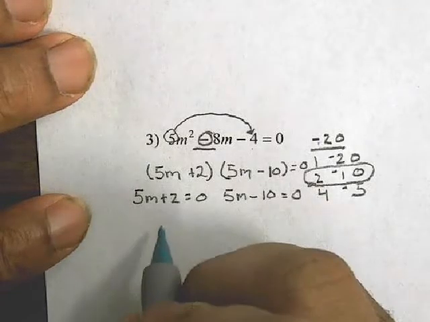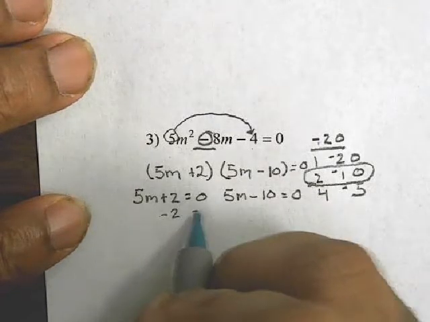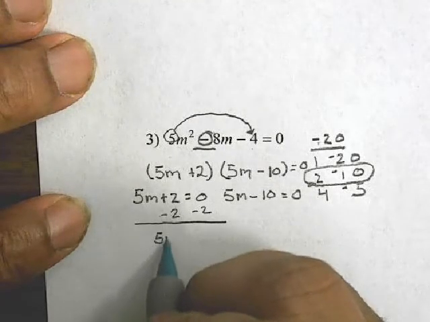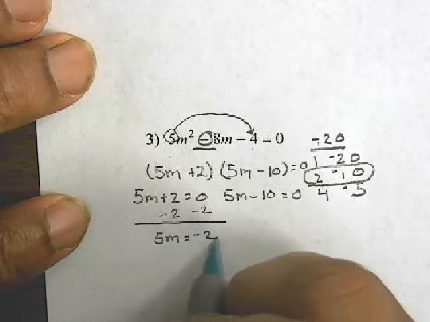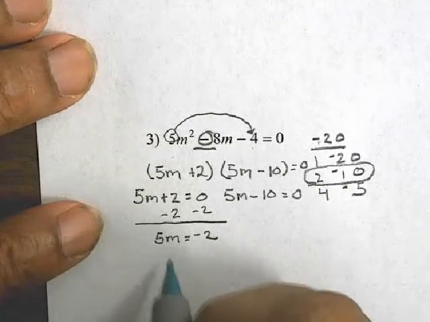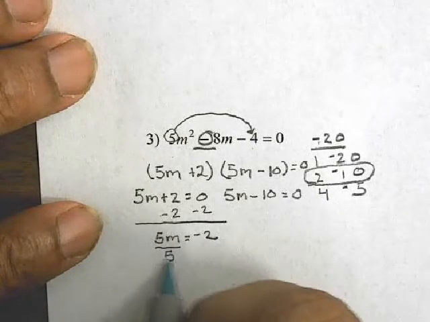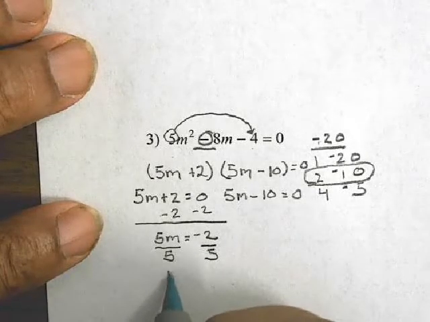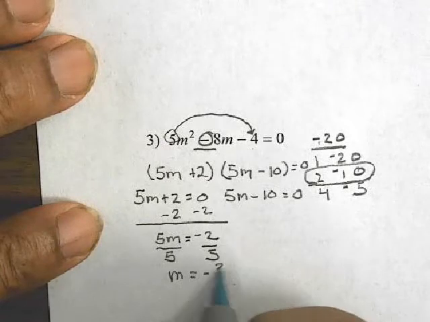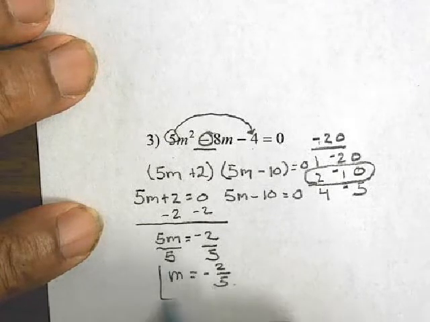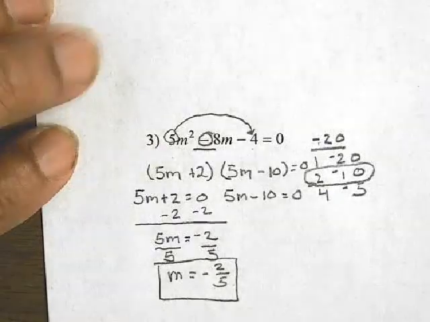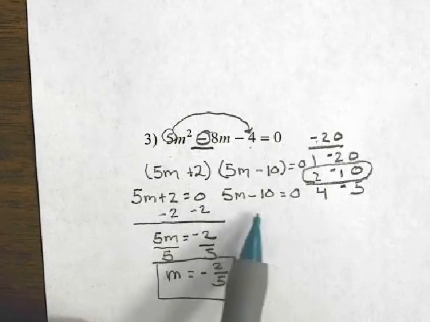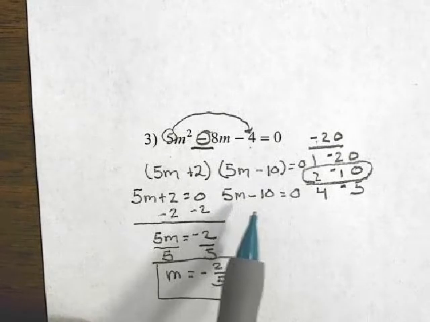Now, solve. Subtract 2 from both sides, and you get 5m is equal to negative 2. Divide both sides by 5, and we get m equals negative 2/5. That's one solution there. Now, don't worry about reducing when you're solving.